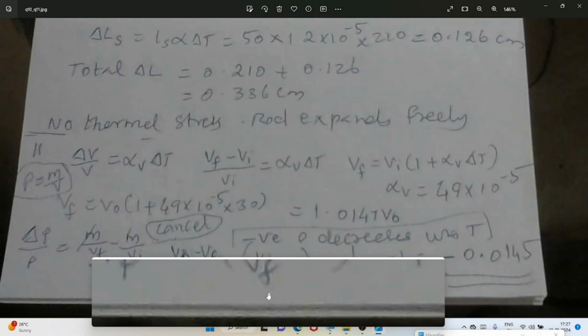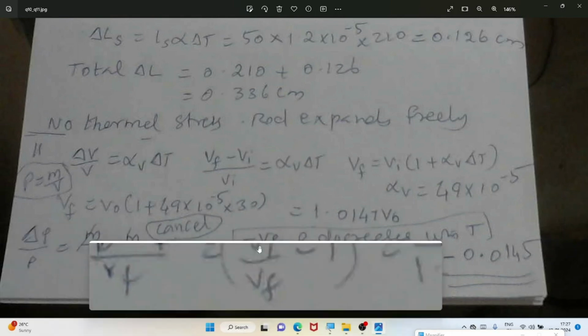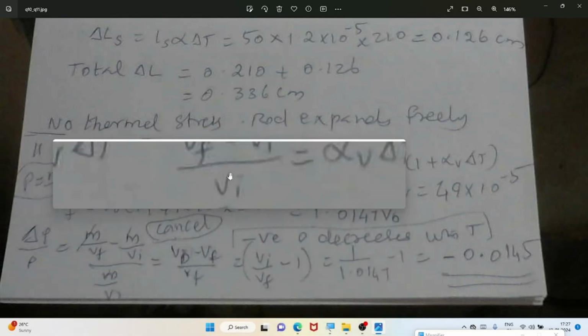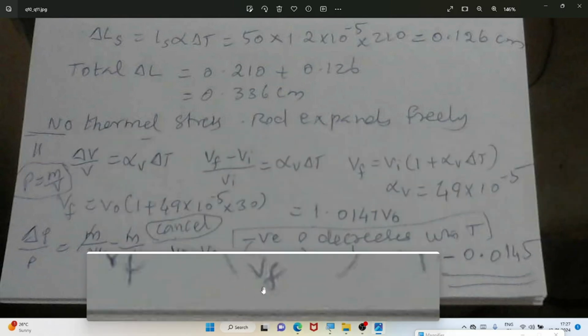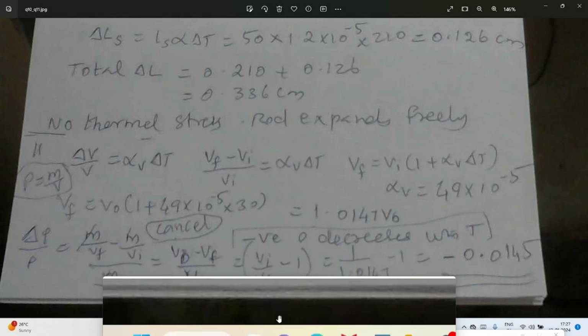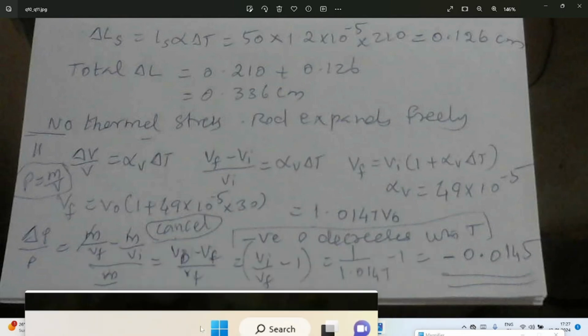Delta V by V equals alpha V, the coefficient of volume expansion, they are given. If you use this formula, then you will finally get this. So from this, the density equals mass by volume.